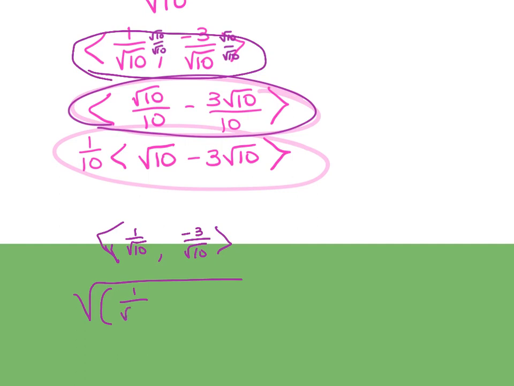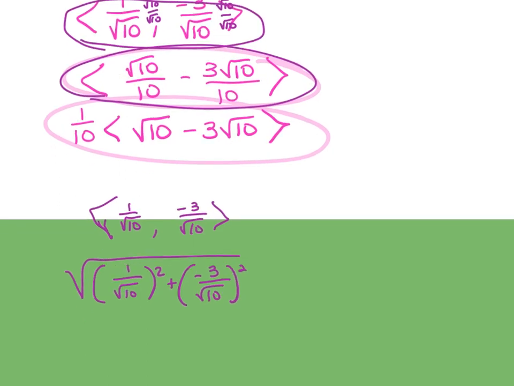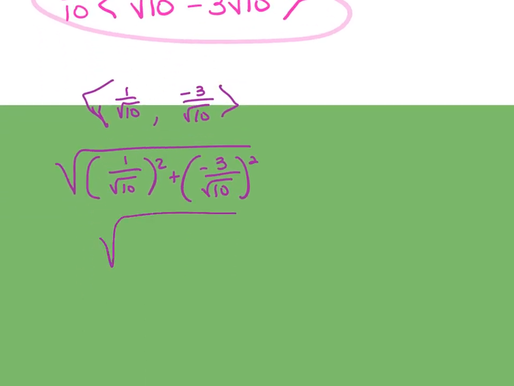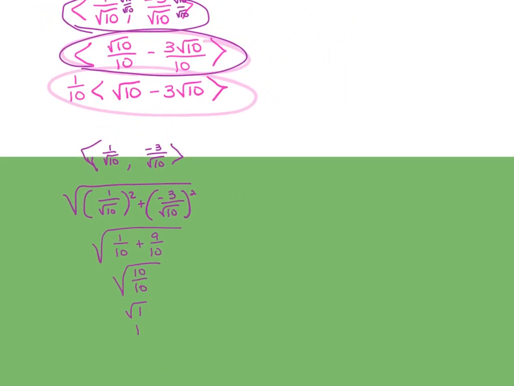So 1 over root 10 squared plus negative 3 over root 10 squared. And this is the square root of 1 over 10 plus 9 over 10, 10 over 10, square root of 1, which is 1. So if you've done it correctly, then whatever answer you go to give at the end, if you have time, check it, find the magnitude, and it should be 1.